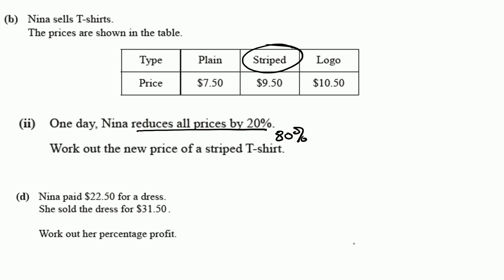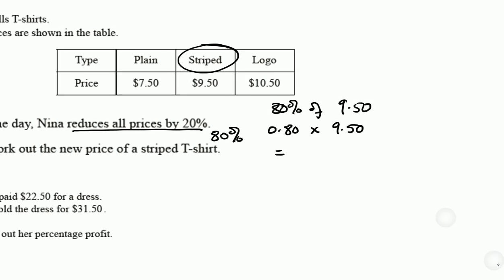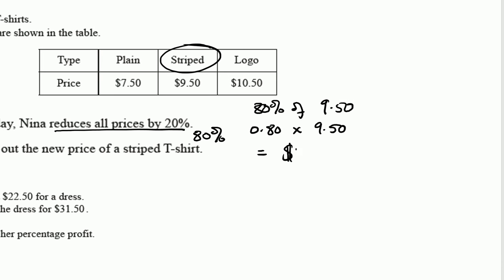So, I've got to work out 80% of 950. 0.80 times 950, and I'm going to work that out, and that's my answer. 7.6 or $7.60.